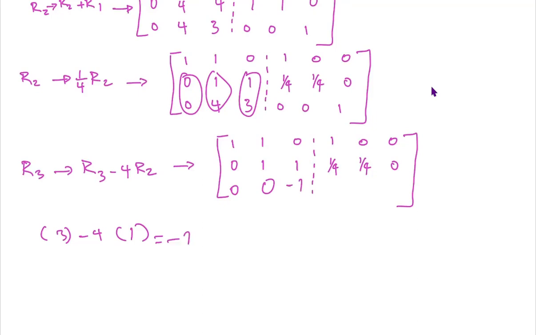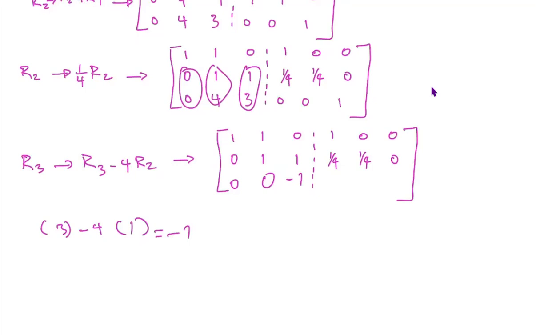And then we need to do the same operations over here. R3 is 0, minus 4 times 1/4. So that's negative 1.